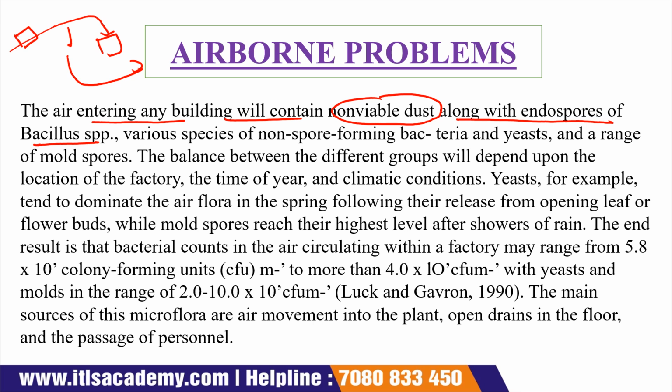Suppose the air entering the building contains non-viable dust, and along with that dust, it also contains endospores of Bacillus species, various species of non-spore forming bacteria, yeast, and also a range of mold spores.